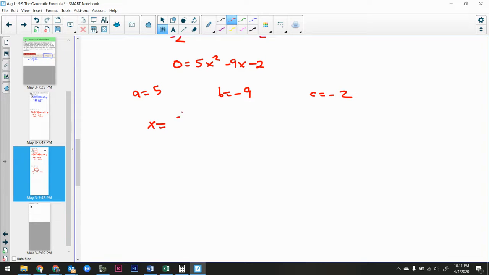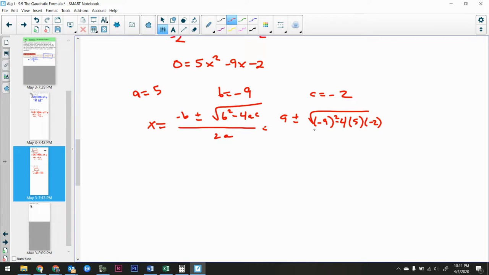X equals the opposite of b plus or minus the square root of b squared minus 4ac, all divided by 2a. All right, so we've got opposite of negative 9 would be a positive 9, plus or minus the square root of negative 9 squared, minus 4 times a times c, all divided by 2 times 5, which is 10.